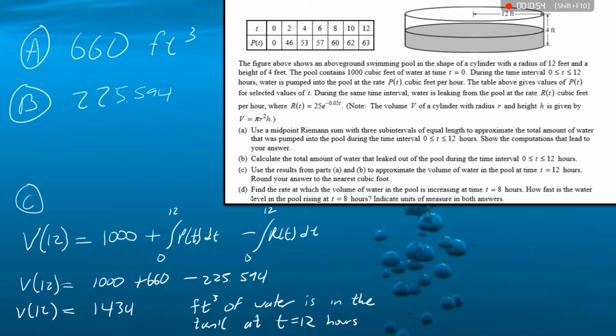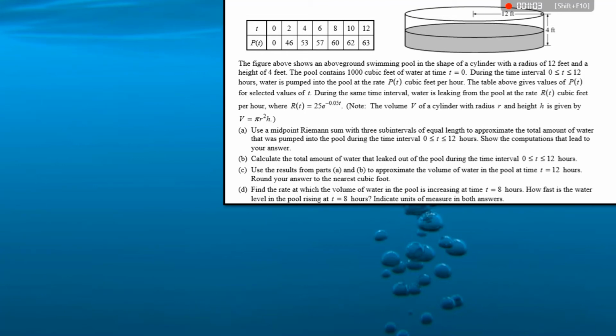Then part D. Find the rate at which the volume of water in the pool is increasing at t equals 8 hours for the first part. So we have to differentiate. What are we differentiating?